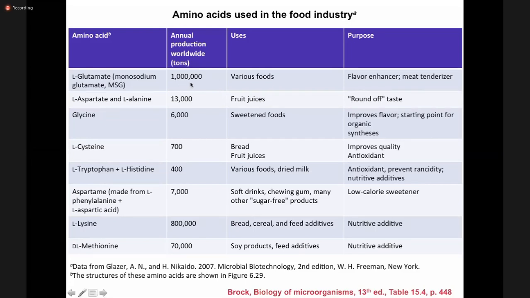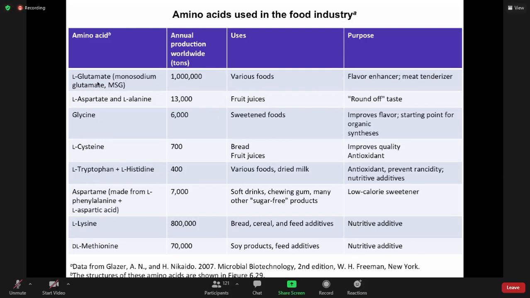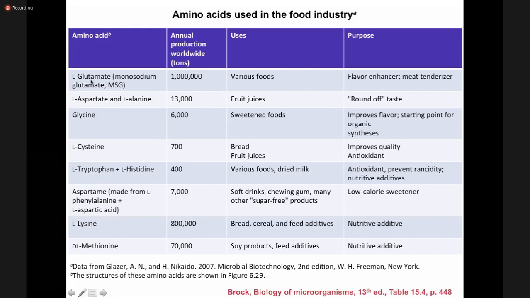I'm not sure how big, but a million tons in worldwide production. So I'd like to talk about glutamate production by microorganisms, and also lysine. Lysine is also in very high demand in the world, as food for animals. A very big market in the world.